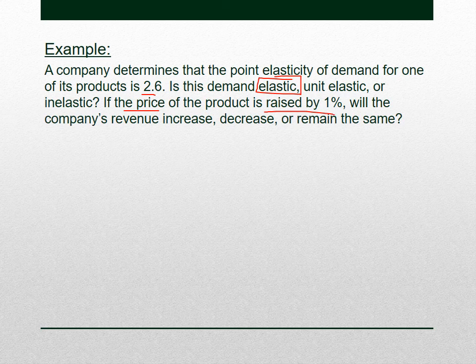It also says if the price of the product is raised by 1%, will the company's revenue increase, decrease, or remain the same? So the price is raised by 1%. So the price is raised. So we're talking about an elastic relationship when epsilon is greater than 1.